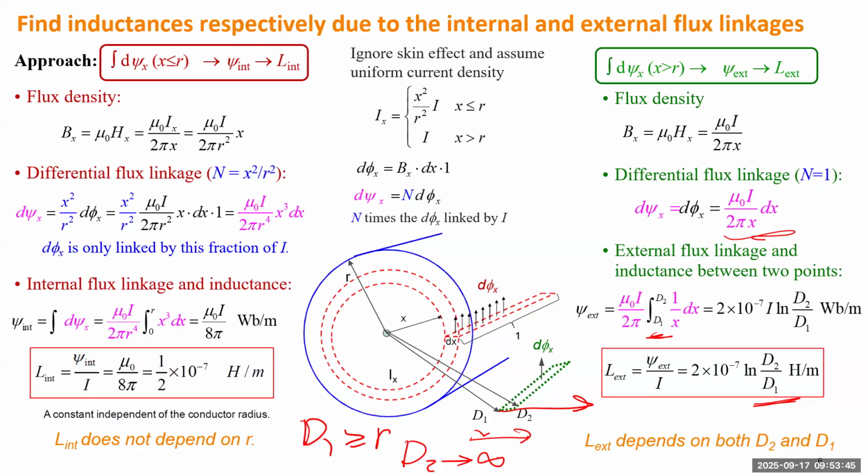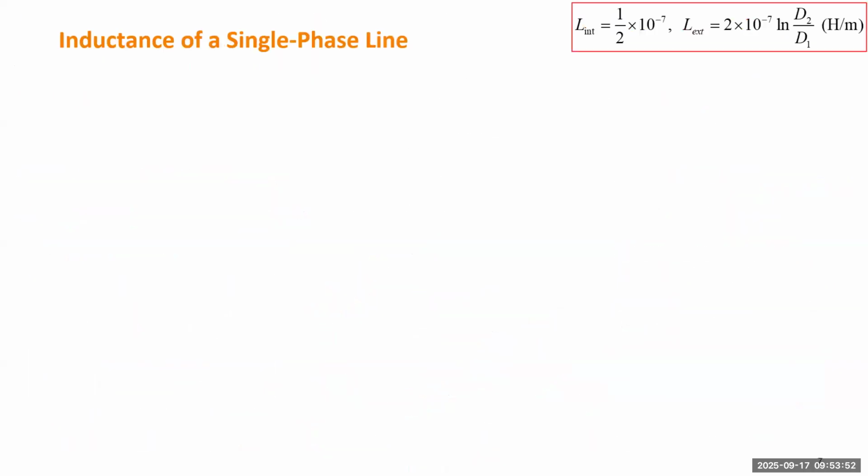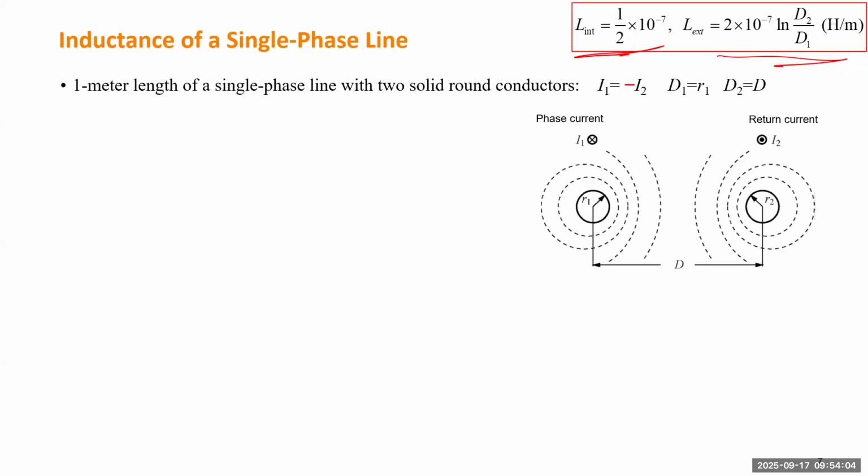All right, so we now have everything we need for calculating the inductance for a single transmission line. We will start from those two formulas. The first one tells the total inductance inside the conductor. The second tells the inductance due to the flux linkage outside the conductor between two distances.